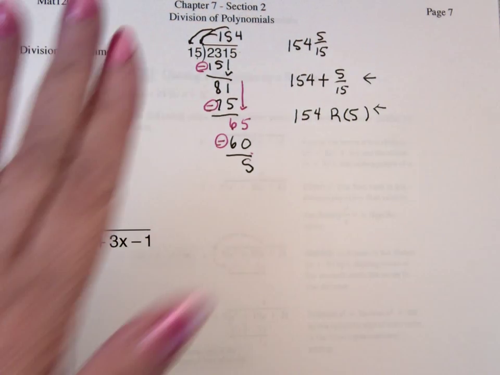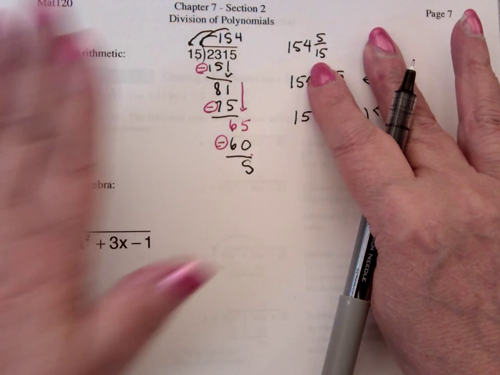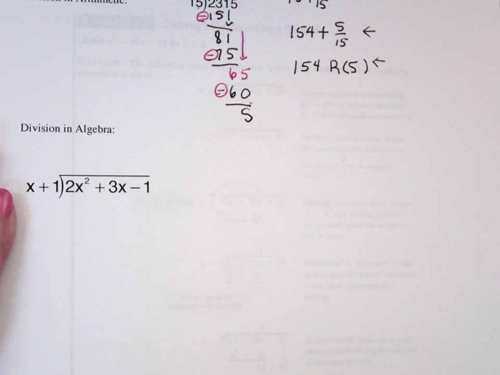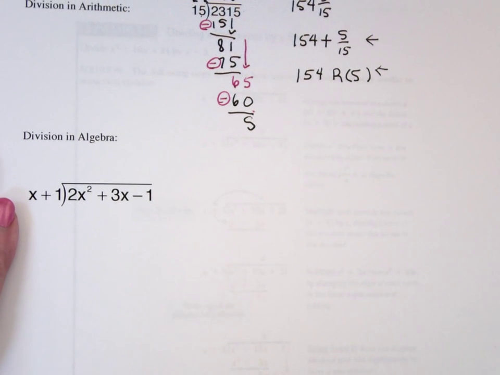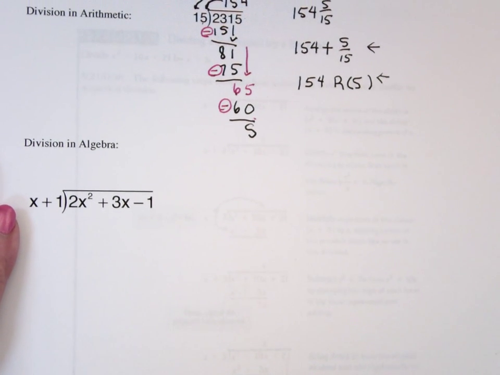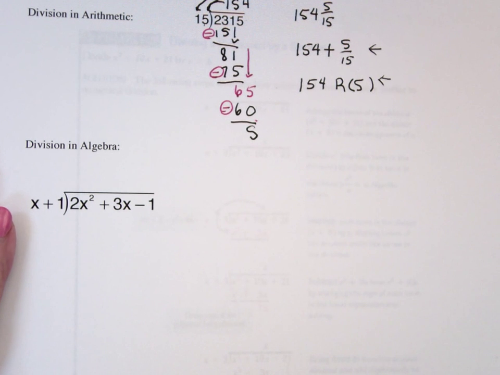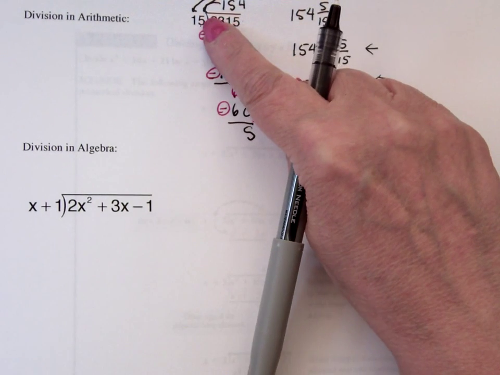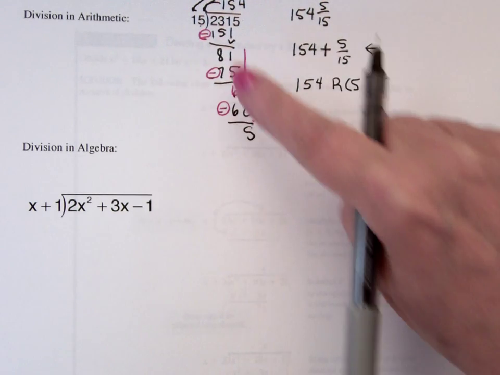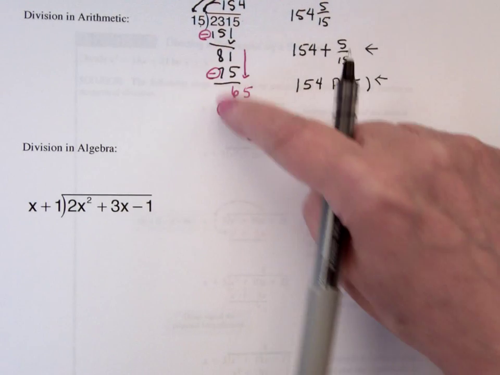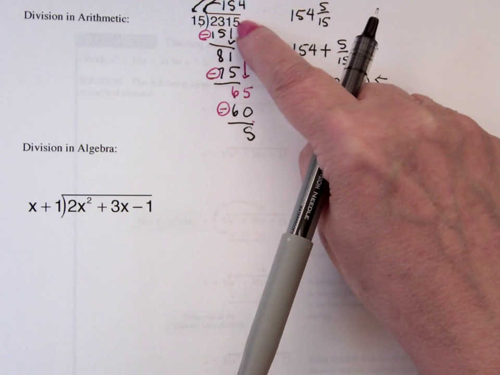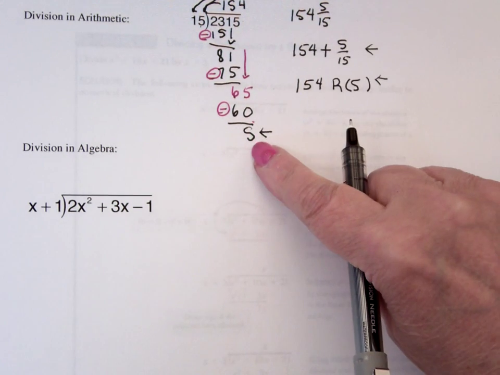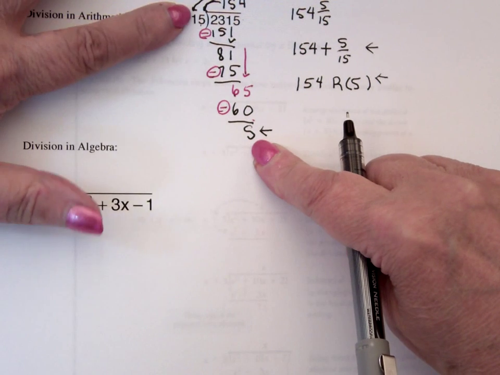So, how does this then relate to doing long division in algebra? Well, the difference between long division in algebra and long division in arithmetic is that here, what I was always looking for is reducing down the size of the number, and the 5 is smaller than my divisor.